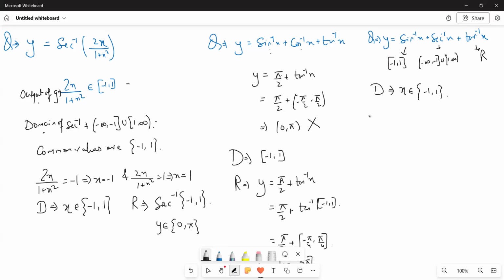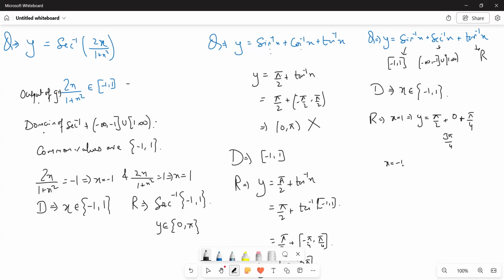So in order to find the range, first let us put x equal to 1. Then y would be sin inverse 1, which is pi by 2, plus sec inverse 1, which is 0, plus tan inverse 1, which is pi by 4. So that gives us 3 pi by 4.